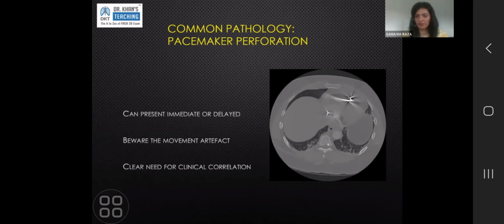They know the patient. The patient is in front of them. So it can happen in an acute setting symptomatically, but it can also present in a delayed manner that can be days later. Patients are usually sent home the same day or the next after pacemaker insertion. The patient can come back in a few days, 3-4 days, saying I have this dull pain and I don't really feel well.